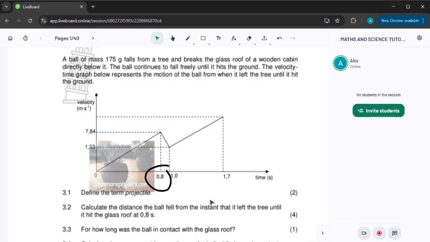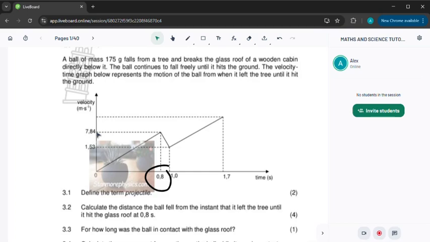They said from the instant that it left the tree. So before it left the tree, its velocity was equal to 0. So our initial velocity is 0. Then what is our final velocity? When it hit the glass roof at 0.8 seconds, our velocity is equal to 7.84. So that is our final velocity.